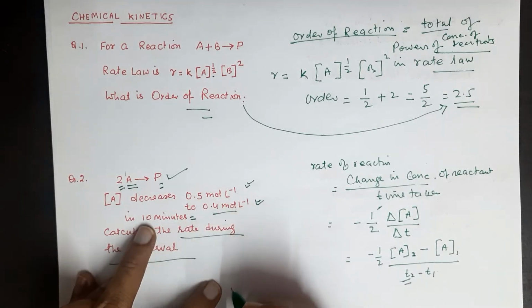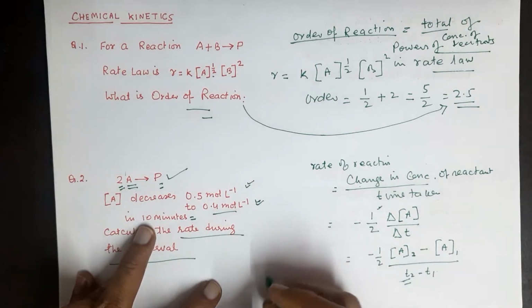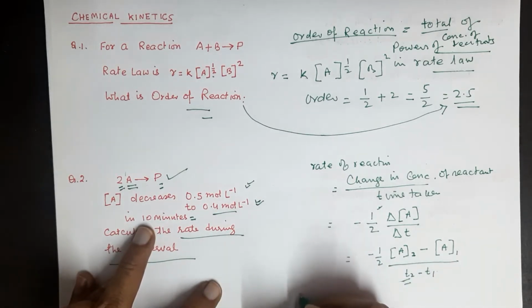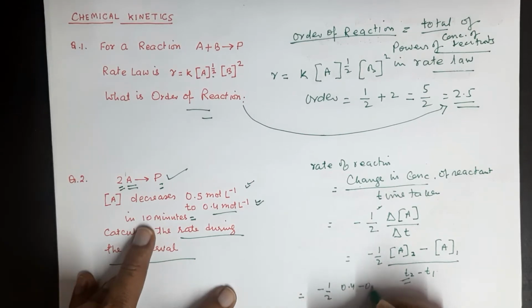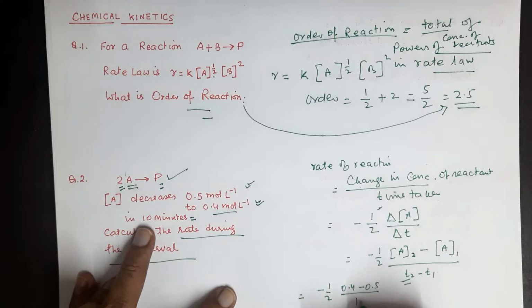So we say that it becomes minus half, 0.4 minus 0.5, divided by 10.